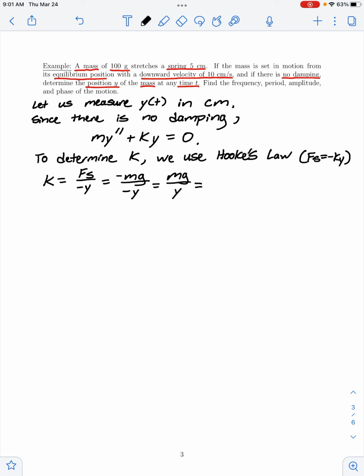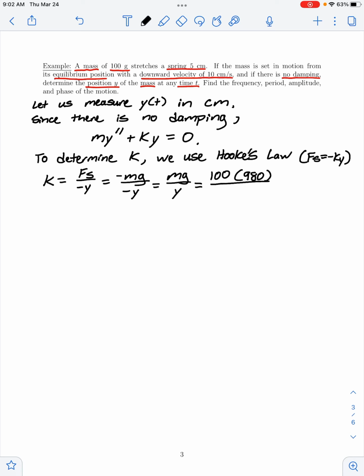So let's see what we have here. We have the mass, m was 100 grams, times the acceleration due to gravity, which is 9.8 meters per second squared, or since we're measuring in centimeters, 980 centimeters per second squared.